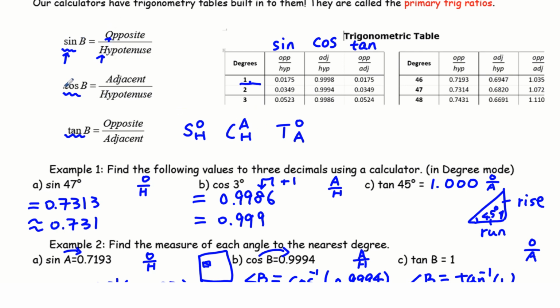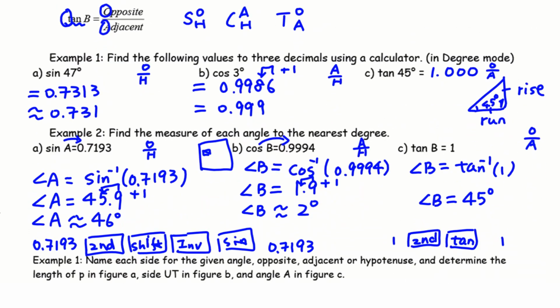CAH, the first letter C, then adjacent over hypotenuse. TOA, tangent equals opposite over adjacent. So just the first letter in your formula, Soh Cah Toa.